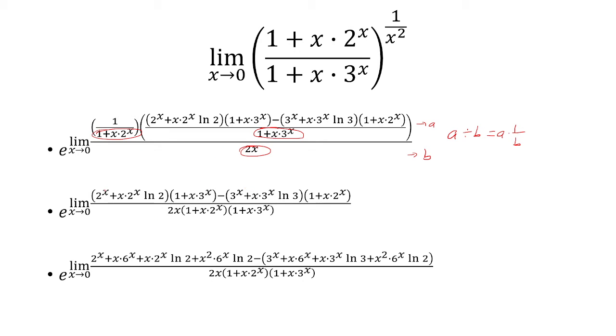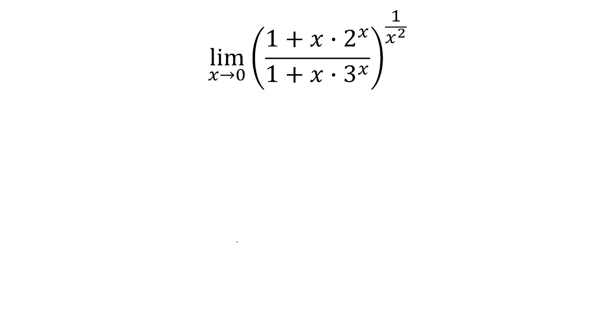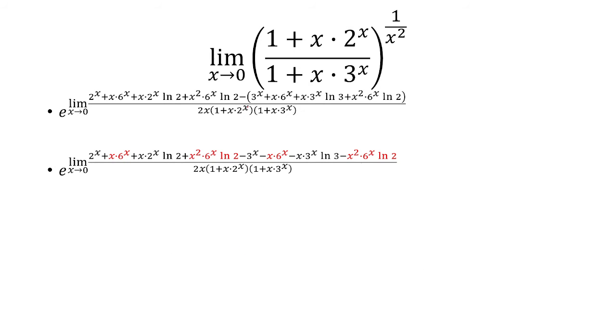So now I can FOIL things out in both of these. And what I did was I kept the negative out here, so I just FOILed out these two and just kept the negative. And so now I would just have to distribute the negative to everything. And you end up getting this right here. And I highlighted the ones that are going to get canceled in red.